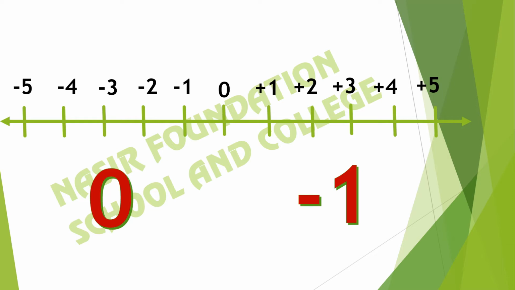As we know, the number placed on the right side on the number line is greater than the number placed on the left side. 0 is placed on the right side and minus 1 is placed on the left side. So which one is greater? 0 is greater than minus 1.